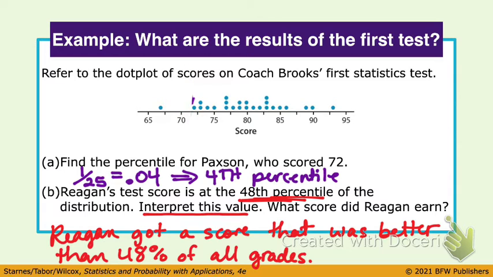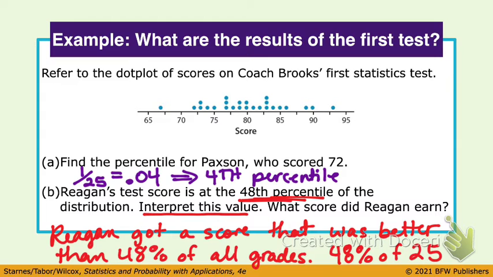So basically what we need to figure out is how many values are there that would be less than Reagan's. And so if I found out what 48% of the number of students, 25, 48% of 25 would tell me how many numbers are less than Reagan.